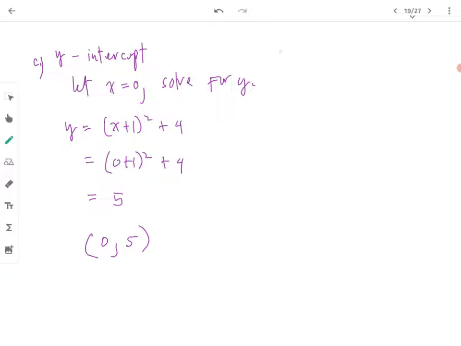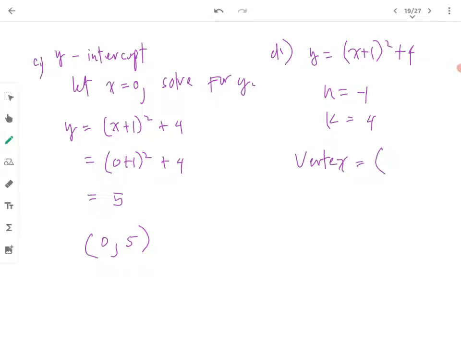Okay, how about the vertex? From the function, h is -1, k is +4, so the vertex is -1, 4. I think that's correct, because the lowest point is -1, 4, meaning -1, 4 is above the x-axis.